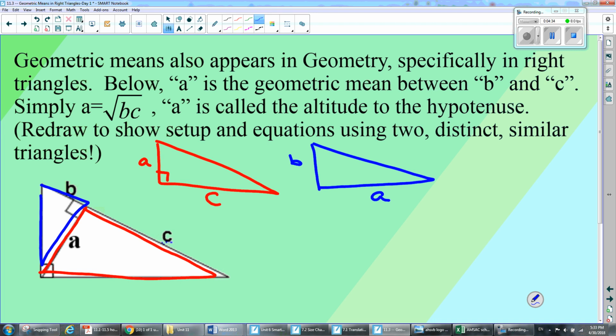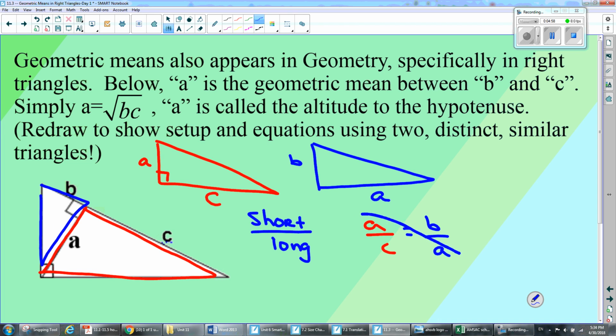So when we think about a proportion and we do the short leg over the long leg, from the triangle in red, we'd have A over C. From the triangle in blue, we'd have B over A. Okay, this is a geometric mean.